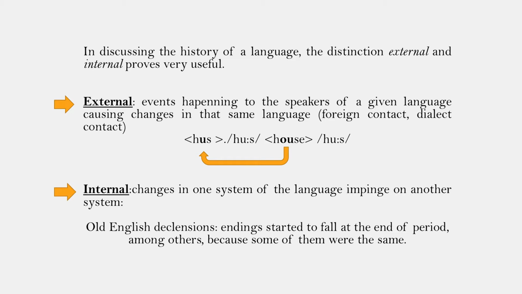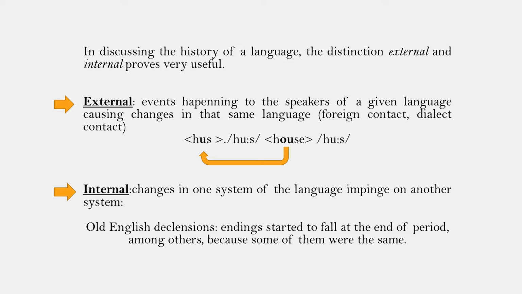The word in Old English hus was spelled, as you can see, with U, and the pronunciation was a long U. Now, when the French, the Normans, conquered England, as we will see later, they would hear the word, but they would use their own spelling. So the spelling for long U in French is OU. So basically they imposed it, and we have the present day spelling for house.